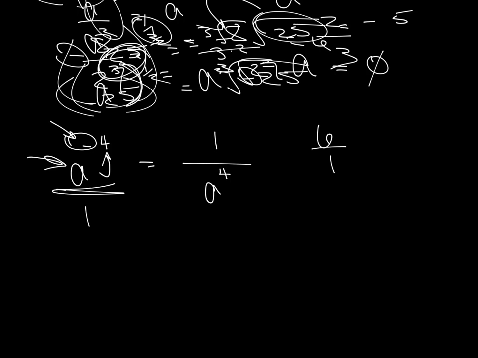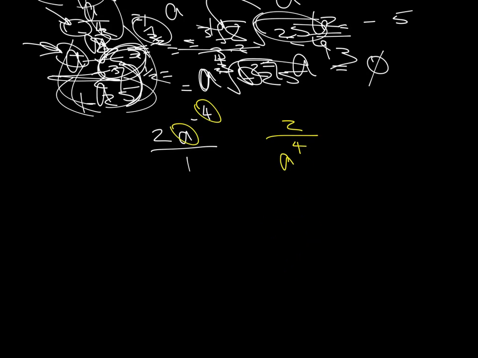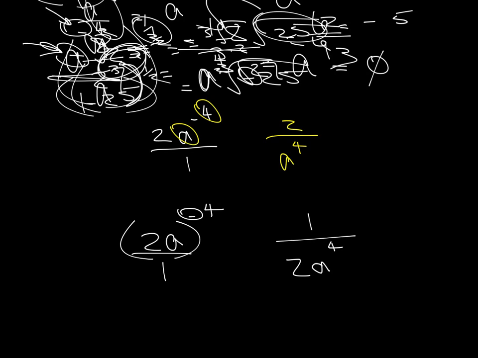If I have 2a to the negative 4 over 1, what's in the wrong place? The letter or number in front and its exponent. The 2 is not in the wrong place, there's no negative on that. So that would be written like that. Now, if I had 2a to the negative 4th, now this negative is on the whole thing, so the 2a to the 4th goes on the bottom.